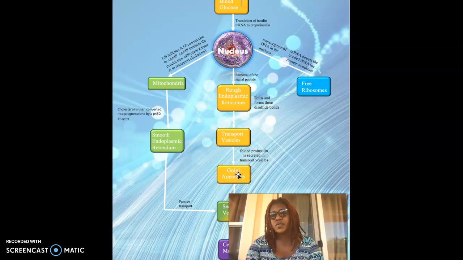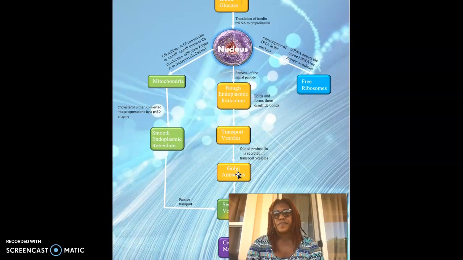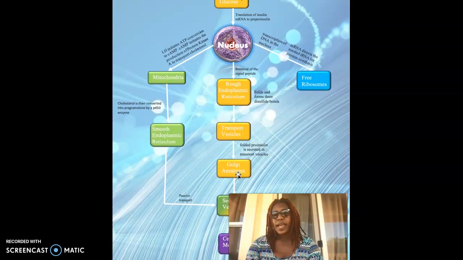So as blood glucose levels increase, we have insulin being secreted from the Golgi apparatus in secretory vesicles in granules, and it is then transported out of the cell membrane into the bloodstream with the increase of blood glucose.